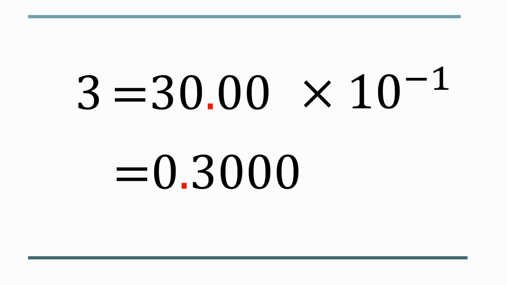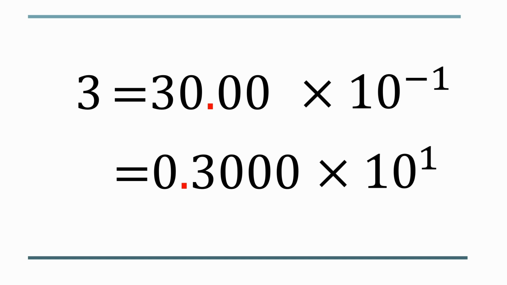Now, let's move the decimal point twice to the left and see what happens to the power of 10. Now we have 0.3, which is 10 times smaller than 3. To keep the equality true, we need to compensate by multiplying it by 10 to the power of 1, which is just 10.